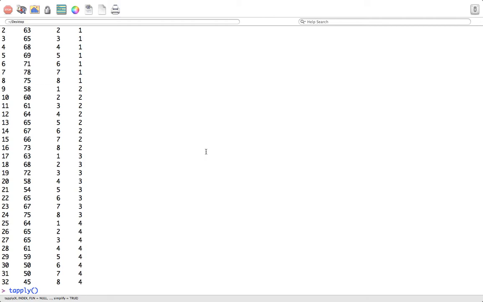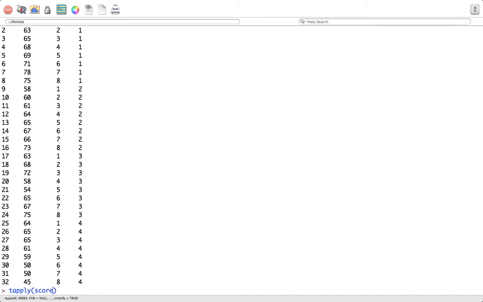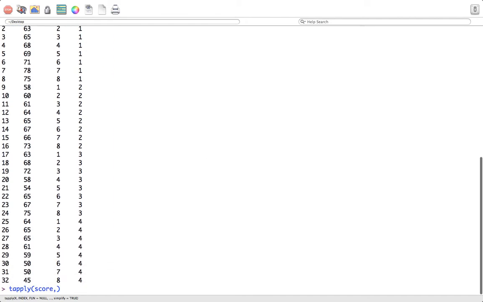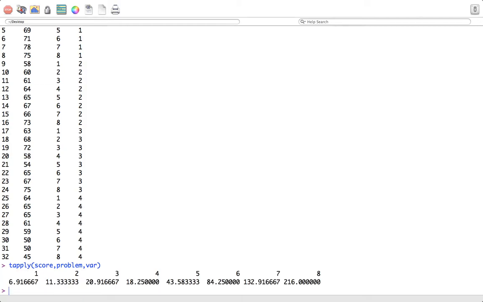Anyway, gang, what we want to do here is look at our score over the problem, and I want to look at the variance. Now I'm just wondering if I couldn't be tricky. I'll tell you what, let's just go ahead and do this. Now what I want to do next is create the sum of squares error.